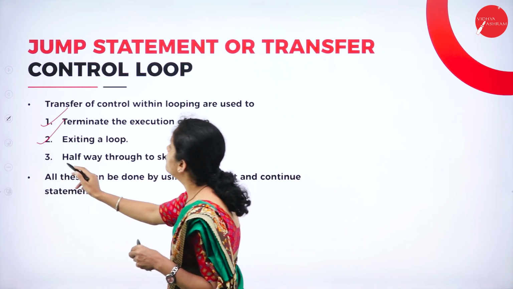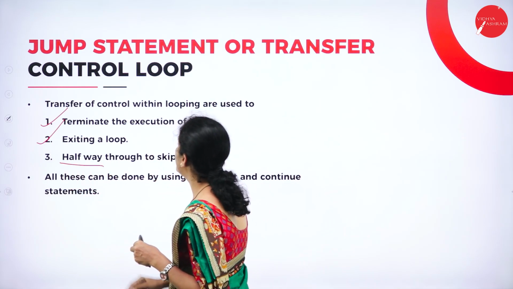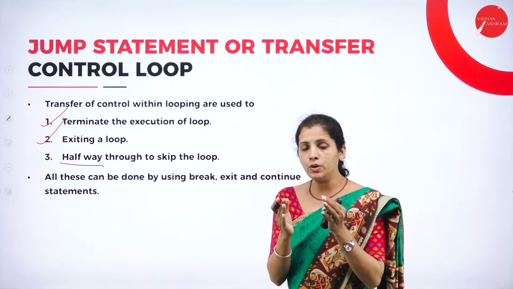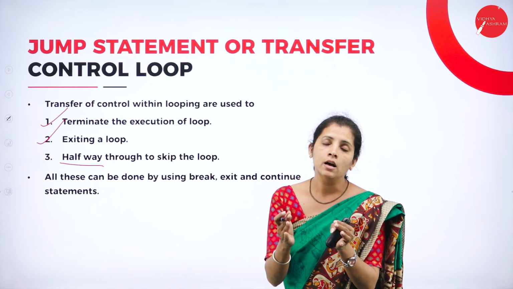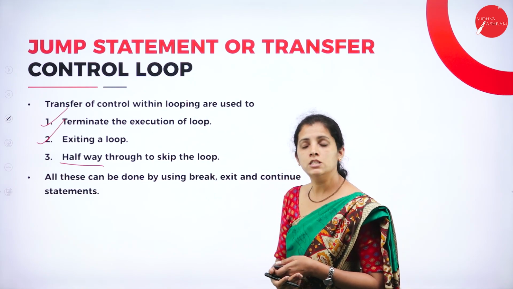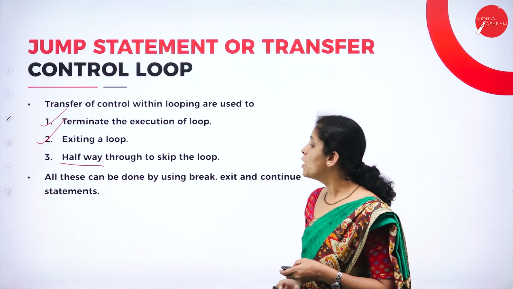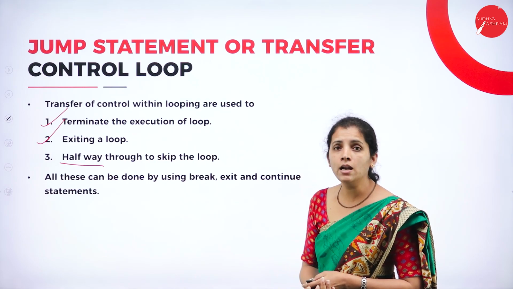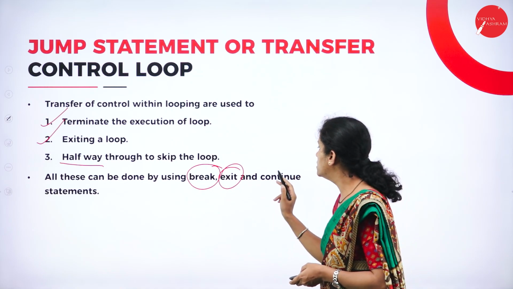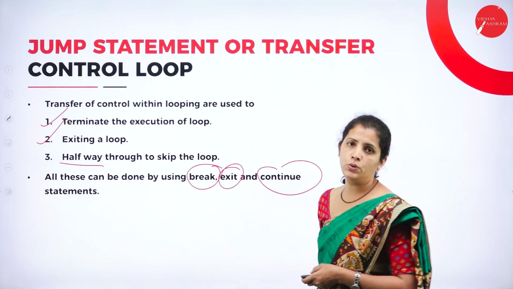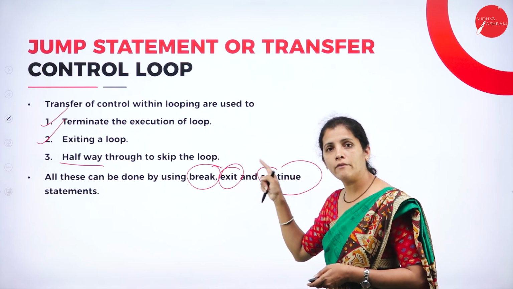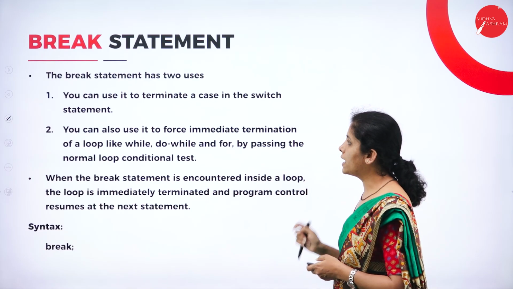Even if I want to skip halfway through the loop, that means after executing half of the code I want to skip, in that time I can use jump statement. So all these are done by using break, exit and continue. So these are the jumping statements I'm going to have in my C program.